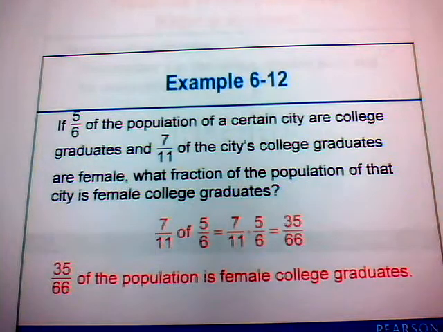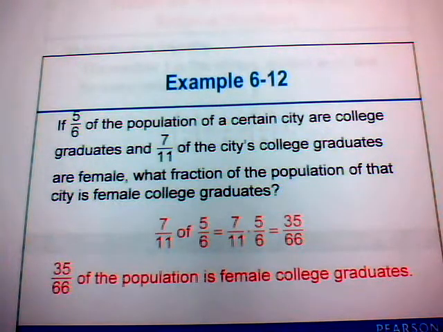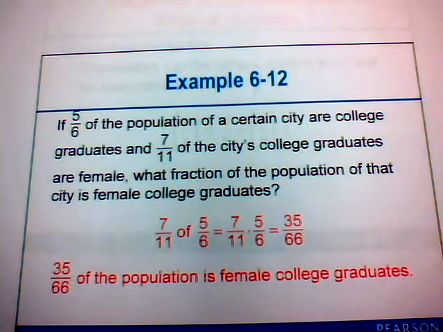Like in this example, if 5/6 of the population of a certain city are college graduates and 7/11 of the city's college graduates are female, what fraction of the population of that city is female college graduates? So in reality, we're looking at 7 out of the 11 of the city's college graduates that are female, and then of those, 5/6 of the population in that city are college graduates.